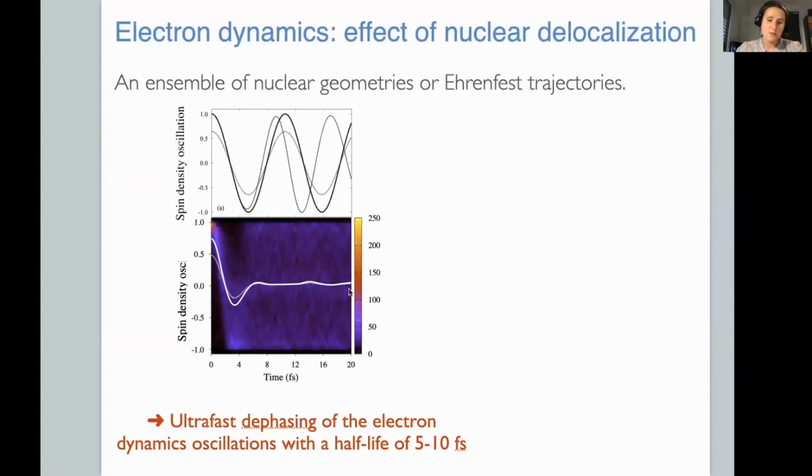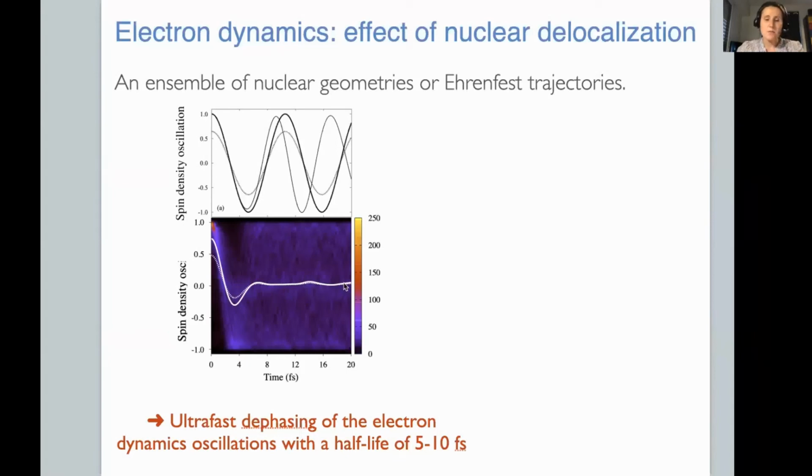So it's very important to consider enough geometries in the ensemble to actually converge the description of the nuclear wave packet. And the white line corresponds to the average, and you see that on average we have an ultra-fast dephasing of the electron dynamics oscillation.